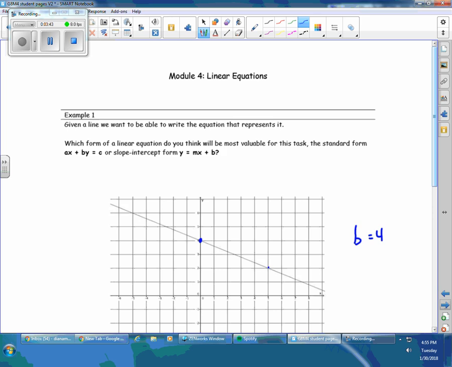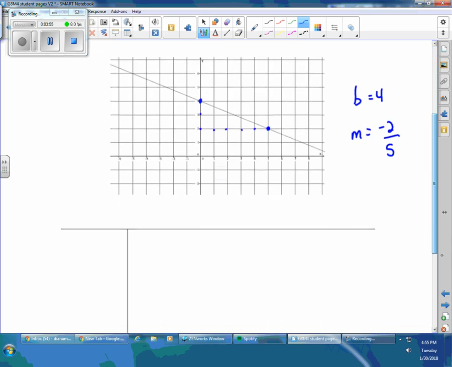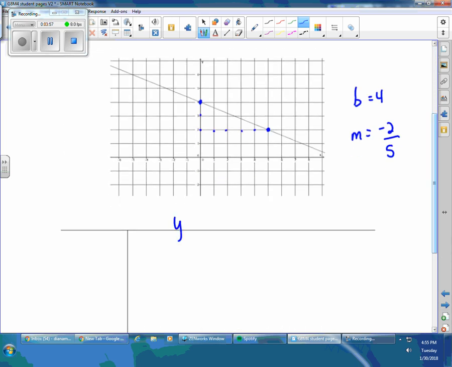Identify some other integer coordinates and your slope. So 1 down 2 and over 1, 2, 3, 4, 5, and plug it into the equation. So we've got y equals -2/5 x plus 4.